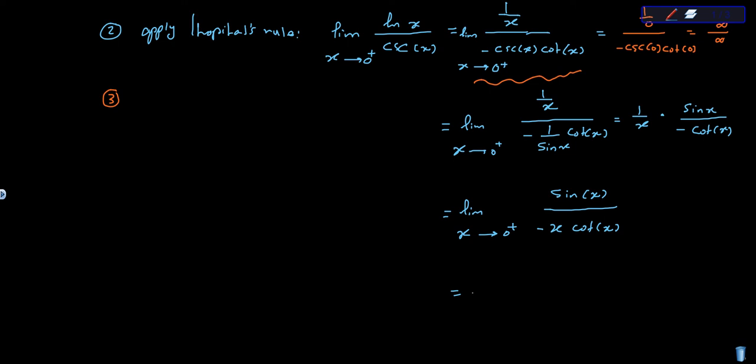This is the limit as x approaches 0 from the right. Split this fraction into two fractions: sine x over x times 1 over cot x, with the minus sign.